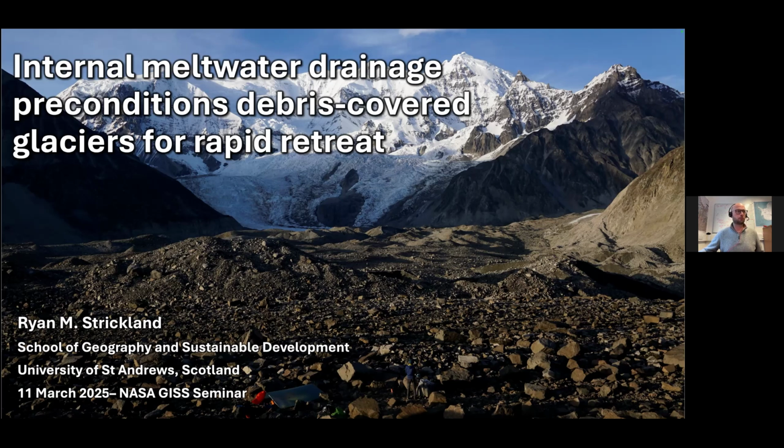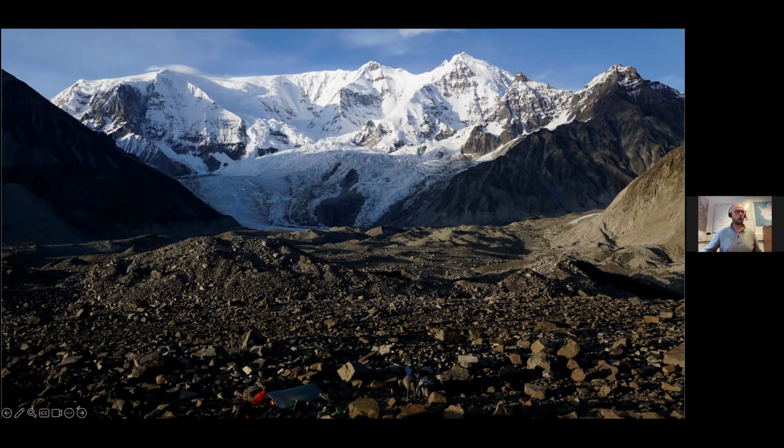So I'll get started. Today we're going to focus on debris-covered glaciers. In case you're not aware, debris-covered glaciers are common in high-relief mountain ranges like the Himalaya, and also in the Alaska Range and other parts of the world where there are steep mountains and tectonically active areas.